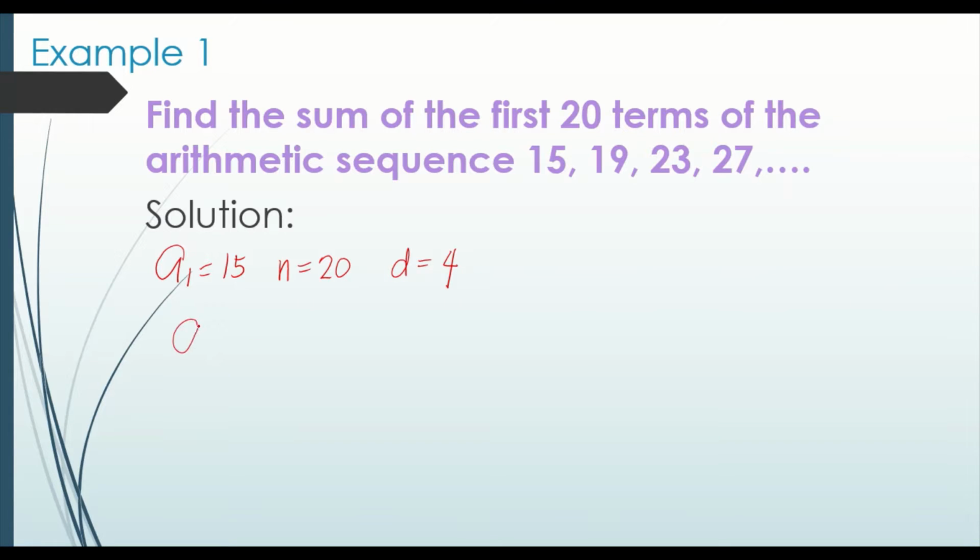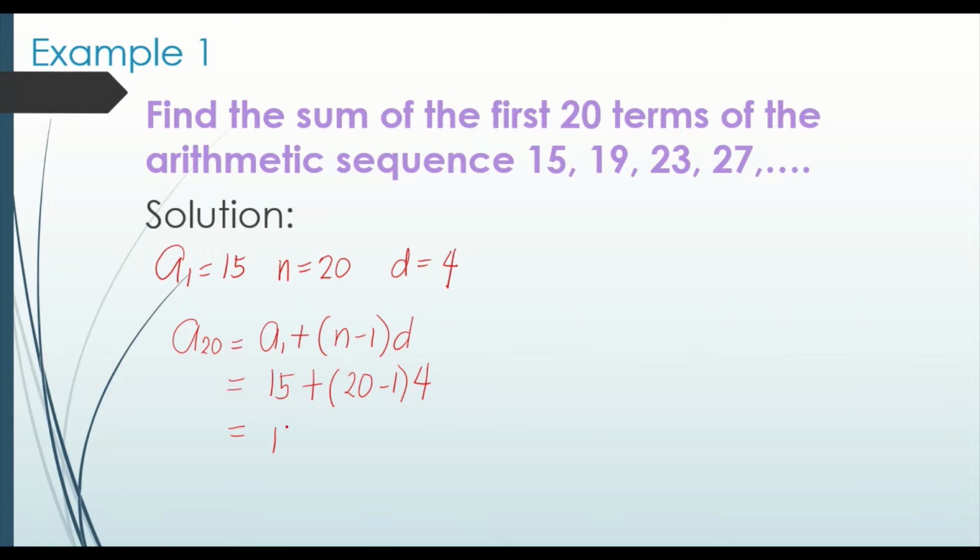To determine the value of a sub 20, we can use the formula a sub 1 plus quantity n minus 1 times d. So our a sub 1 is 15 plus our n is 20 minus 1 multiplied by the common difference of 4.